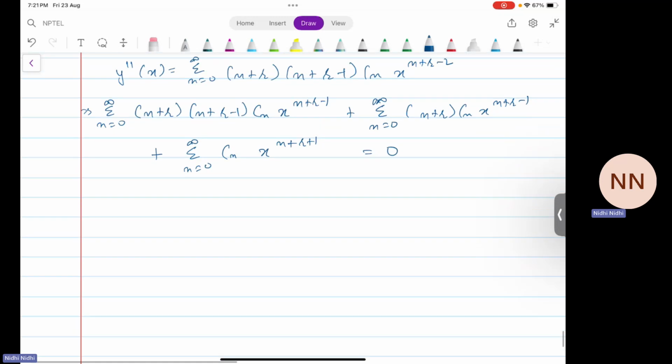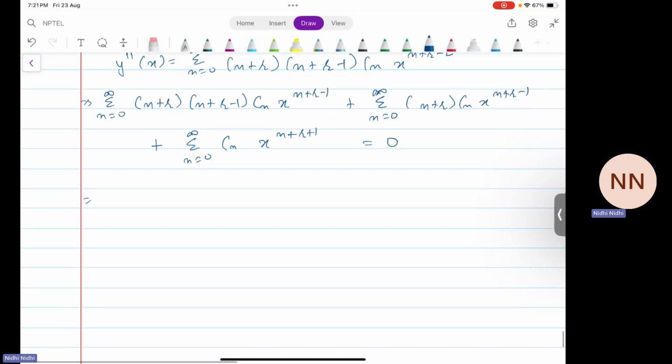Now let's just club the first two terms. We get summation n from 0 to infinity (n plus r) common. This is again n plus r, so we'll get (n plus r) square Cn x to the power n plus r plus summation n from 0 to infinity Cn x to the power n plus r plus 2 is equal to 0.